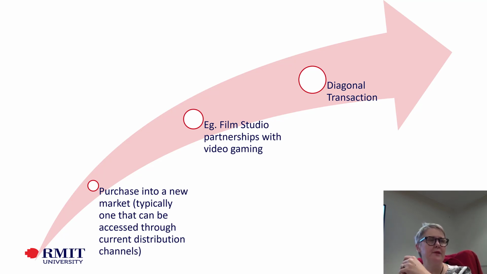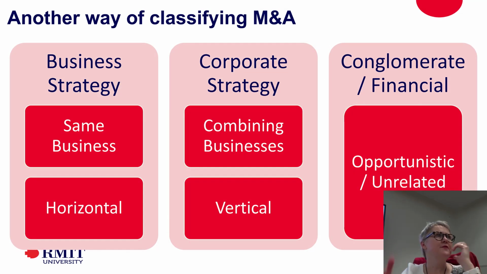So the example that's usually used is film studios partnering with video gaming, joint venture transactions involving brand recognition across different industries. Google has been doing quite a lot in the GPS space recently. So really it's not in an industry that you're dealing with, it's across generally. So we can classify M&A in those ways.